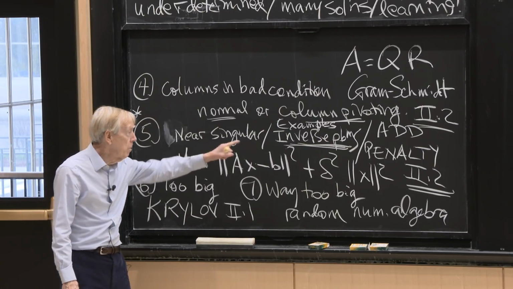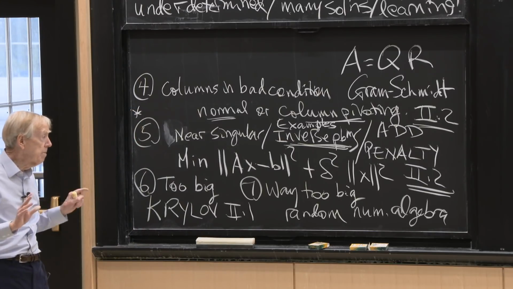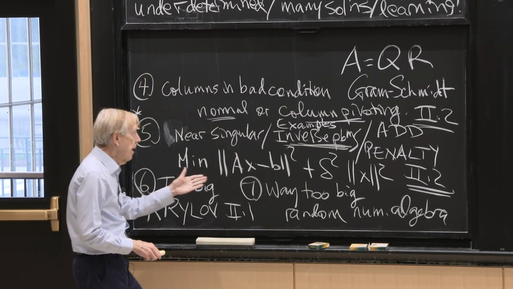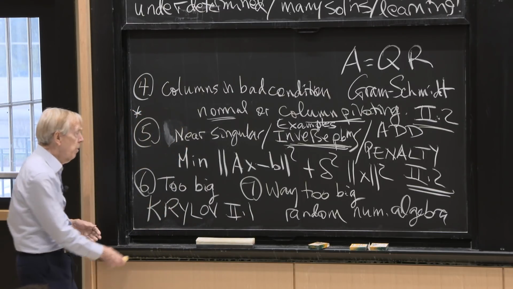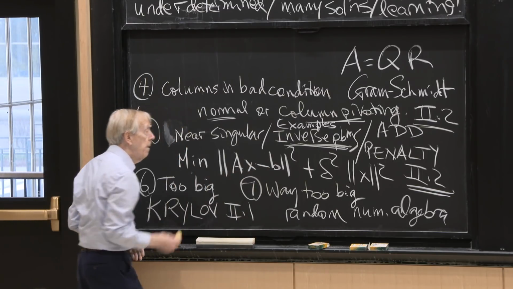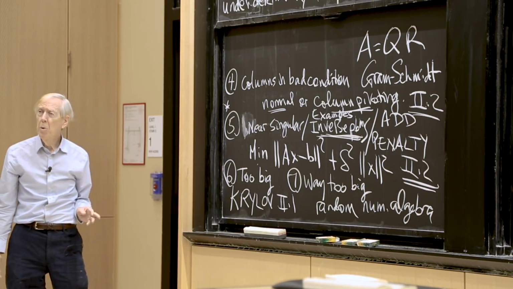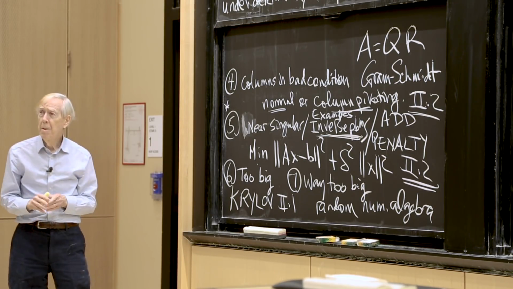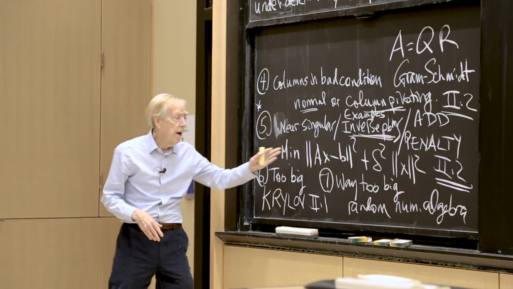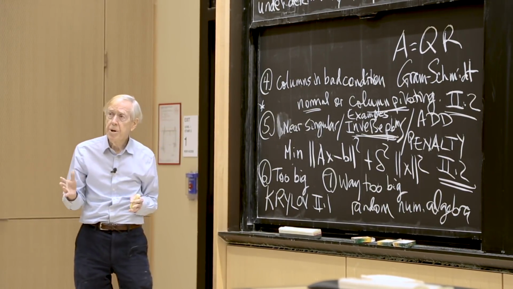Well, the world of inverse problems thinks of adding a penalty term, some kind of a penalty term. When I minimize this thing just by itself in the usual way, A transpose A has a giant inverse. The matrix A is badly conditioned.